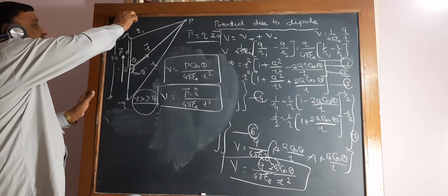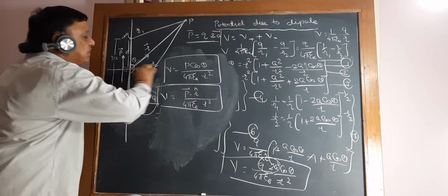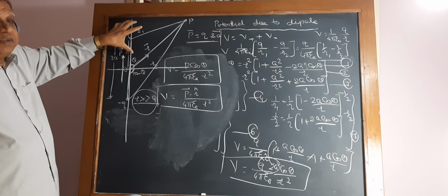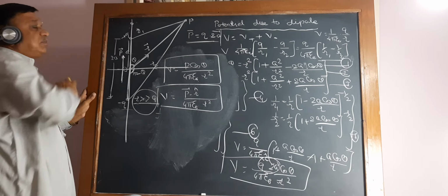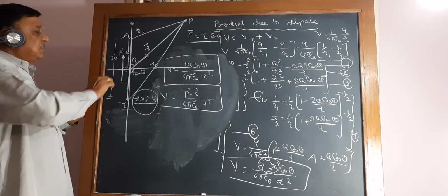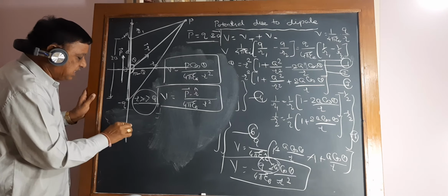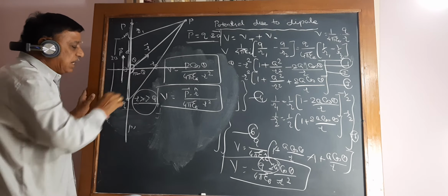You know, this is the axis of the dipole and this is the equator of the dipole. Now, if the point is lying on the axis, then theta may be 0, or on the other side, then pi.